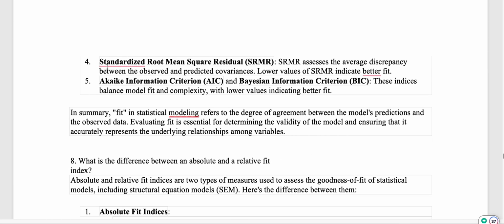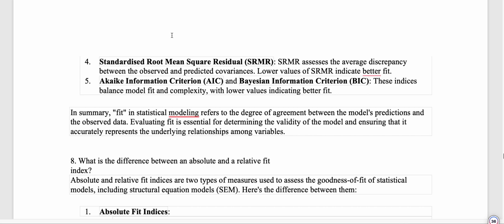Fourth is the Standardized Root Mean Square Residual. We call it SRMR. It is the average discrepancy between the observed and the predicted covariance. Lower values of SRMR indicate better fit.